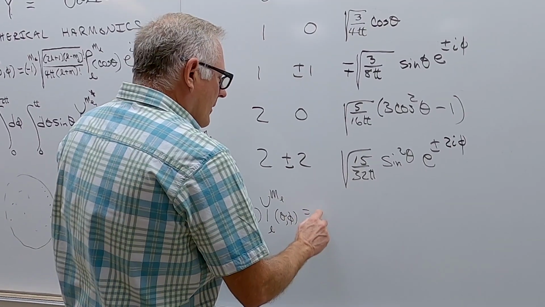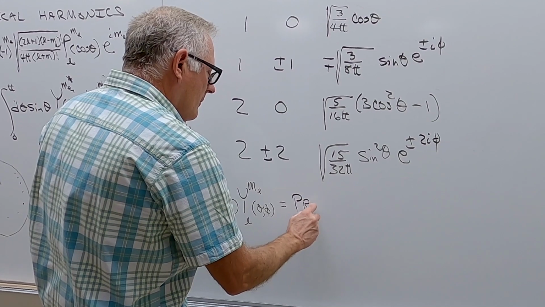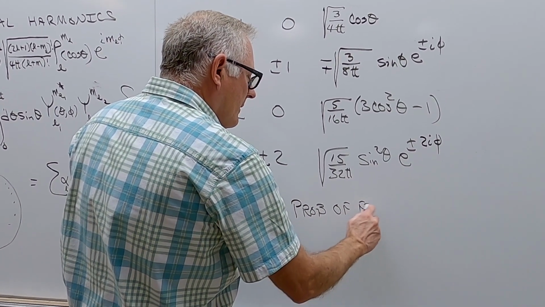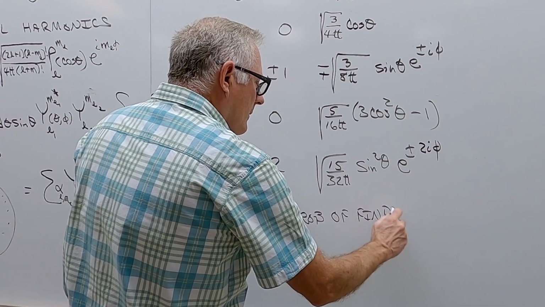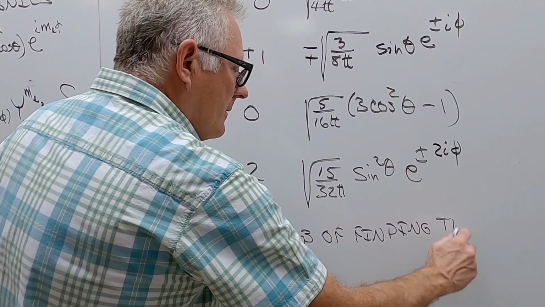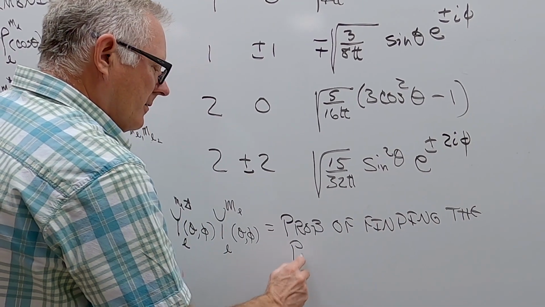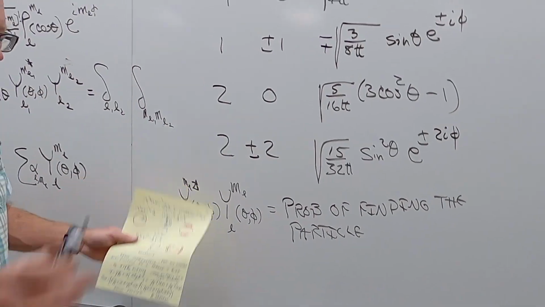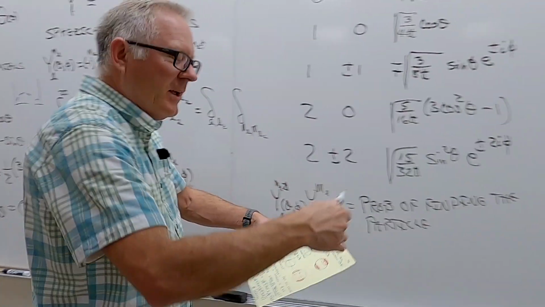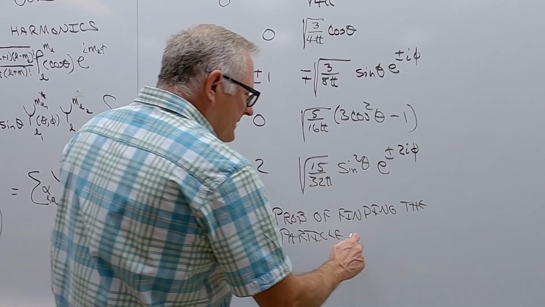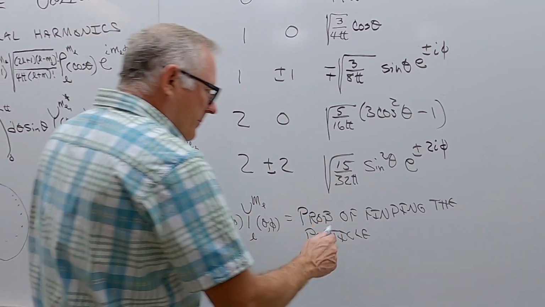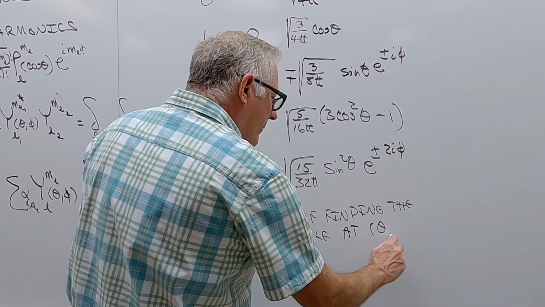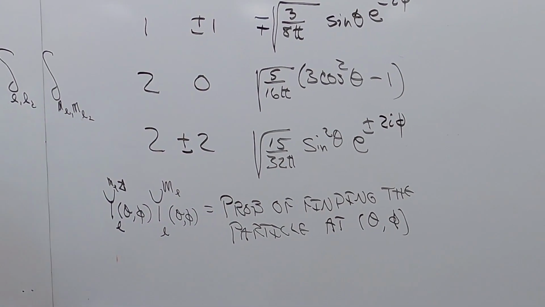So this is the probability of finding the particle, now only in the theta and phi direction, not the radial part out. We haven't worked out the radial part, but this is just the angular, what theta and phi would be, probably finding at the theta and the phi part, right here.